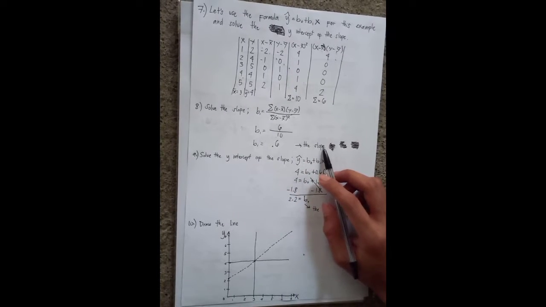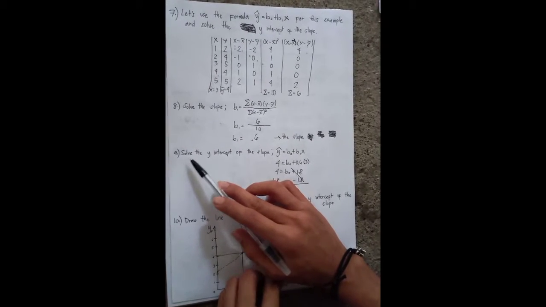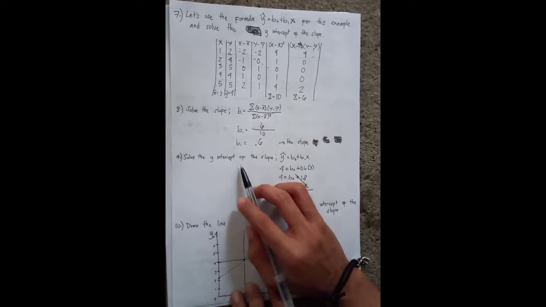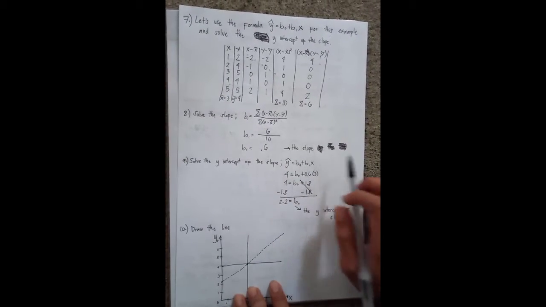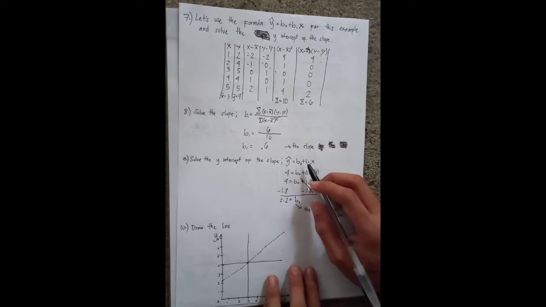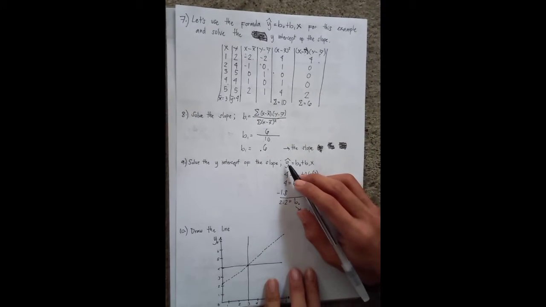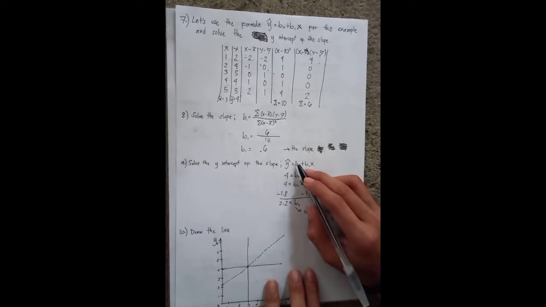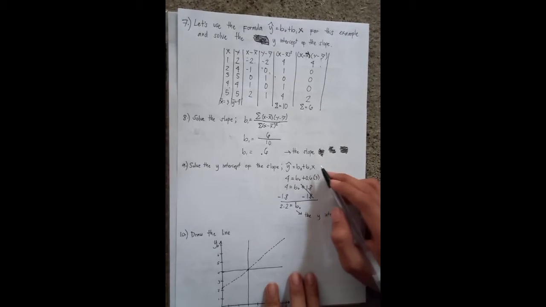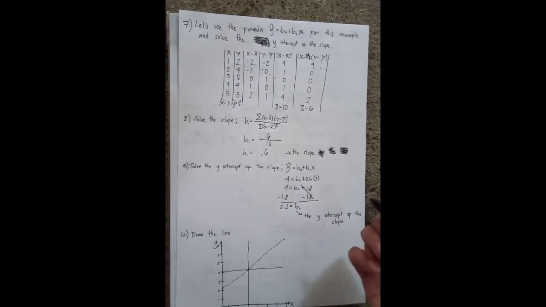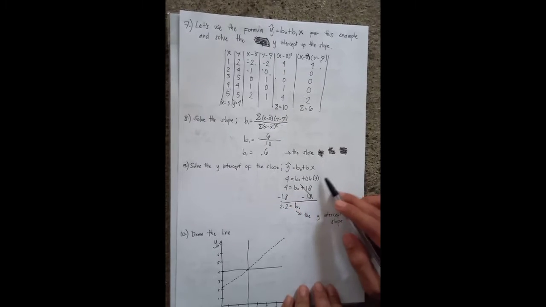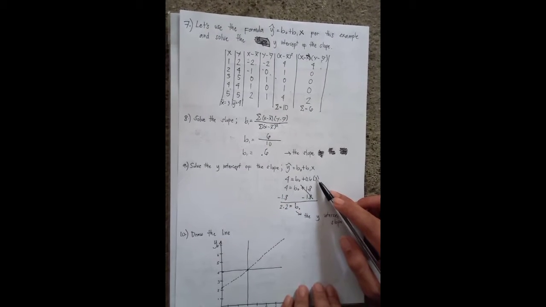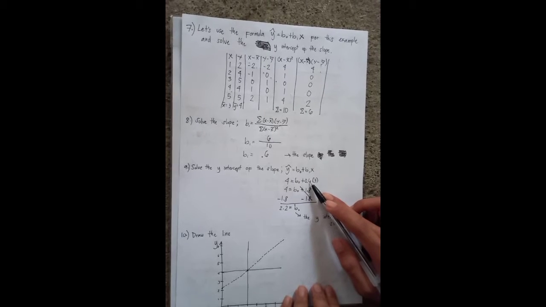This is the slope. Now we must solve the y-intercept using the value of the slope, which is 0.6. The formula for this is estimated y is equal to b0 plus b1 times x. We already have the value of estimated y and the value of x, and also the value of the slope.